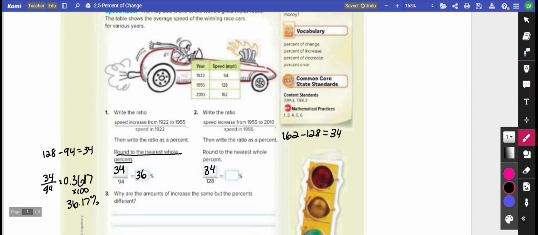So 34 divided by 128 gives me the decimal 0.265625. Multiplying that by 100 gives me 26.6%, which is approximately 27%.